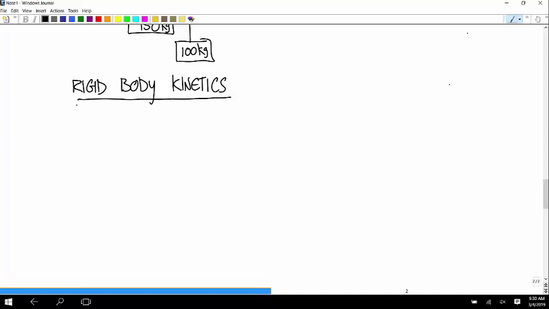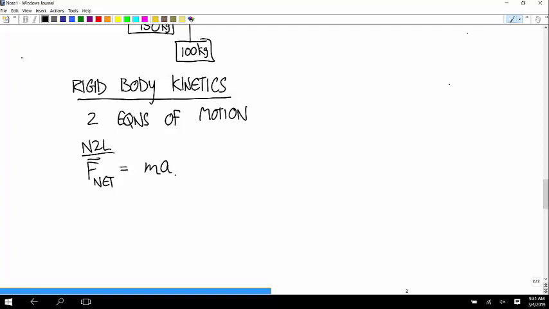For particle kinetics, there was really only one equation of motion we needed, Newton's second law. Now we have 2 equations of motion. The first one is Newton's second law, and that says the net force is equal to the mass of the chosen object times the acceleration of the center of mass.